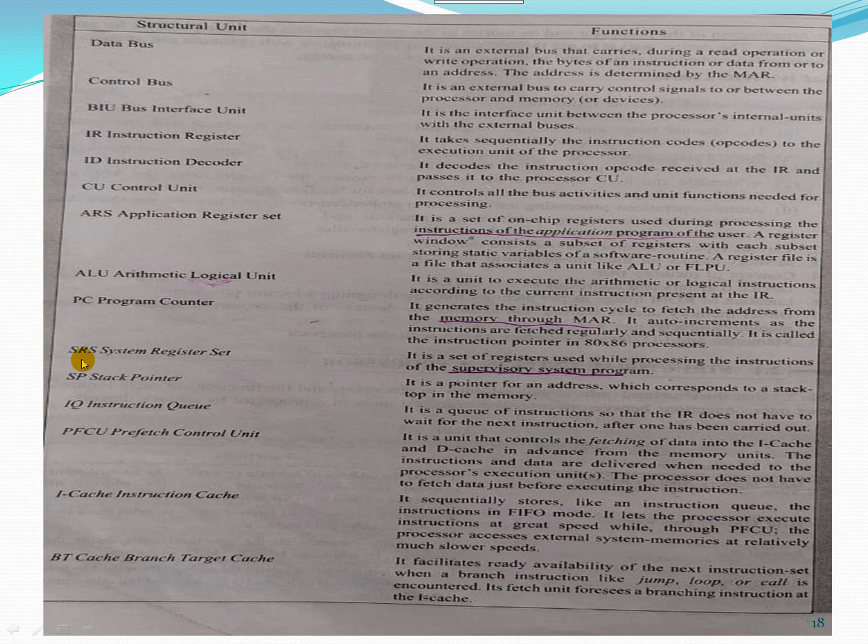Next we will be seeing about the SRS, that is the system register set. In the ARM and the high-end processors will be having some supervisory mode of operation. So in this supervisory mode of operations, we will be having the privileges for the usage of the real-time operating systems and some system related and configuration related operations.